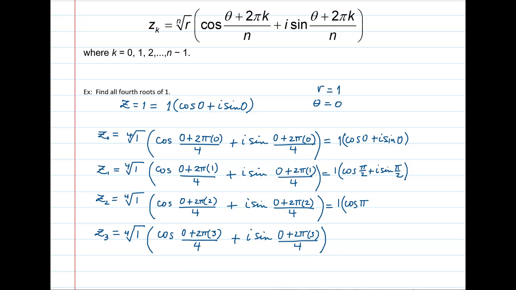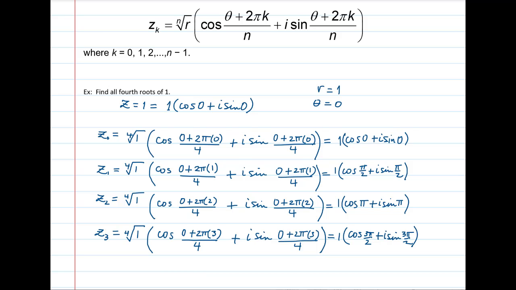The third one we have cosine of 4 pi over 4, which is just pi, plus i sine of pi. And then the last one we have cosine of 6 pi over 4, which is the same thing as 3 pi over 2, plus i sine of 3 pi over 2. All right, so here we have all our four roots in trigonometric form.